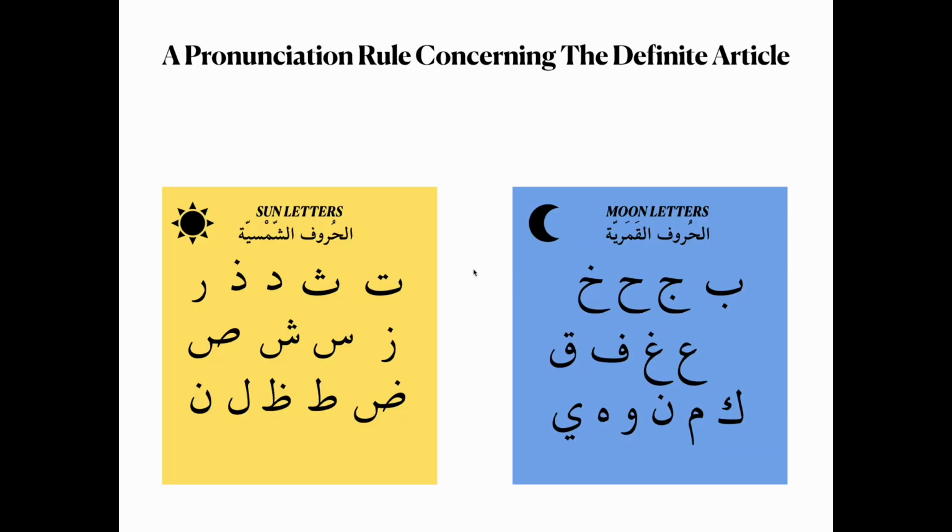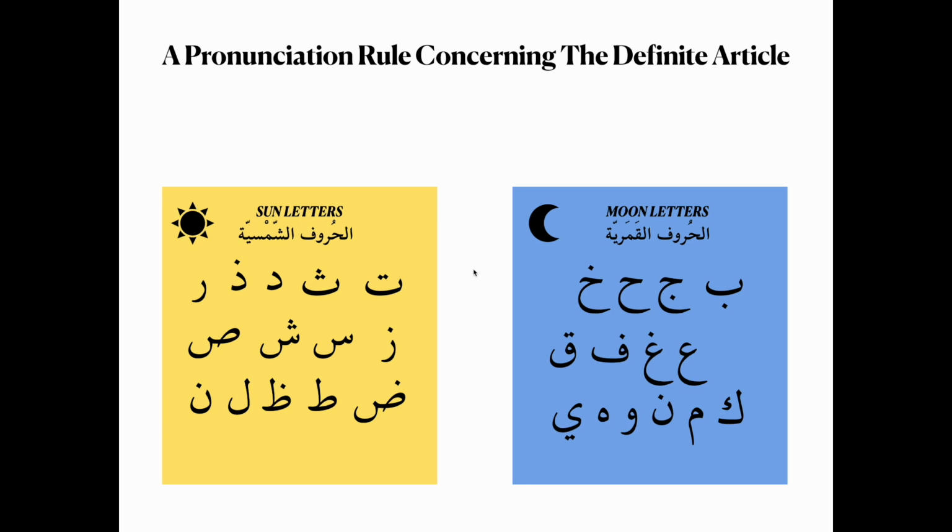When it comes to pronouncing the L, there's actually a little rule right here. As you see here, we have sun letters, al-huruf al-shamsiyya, and then we have moon letters, al-huruf al-qamariyya.